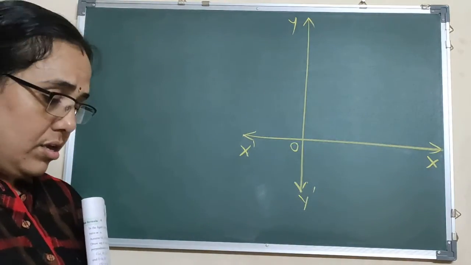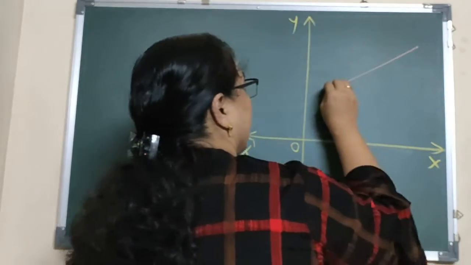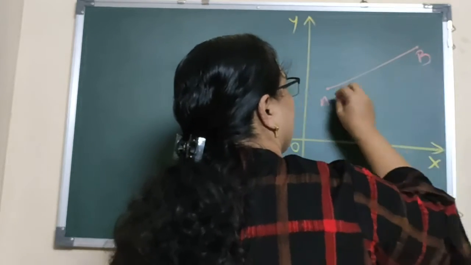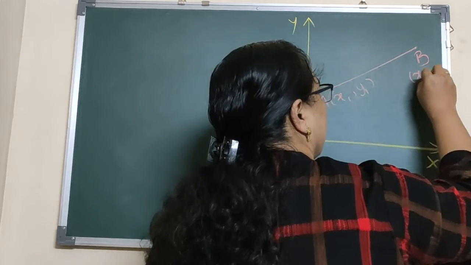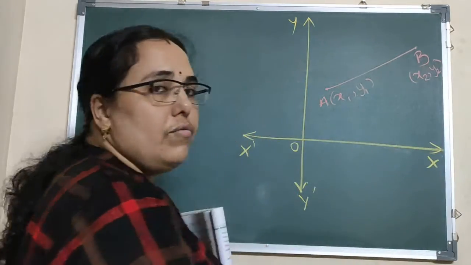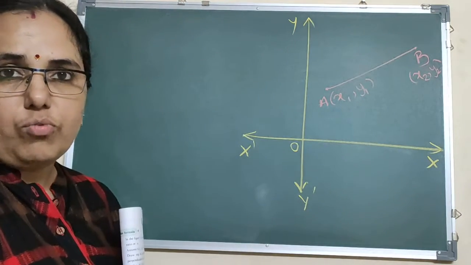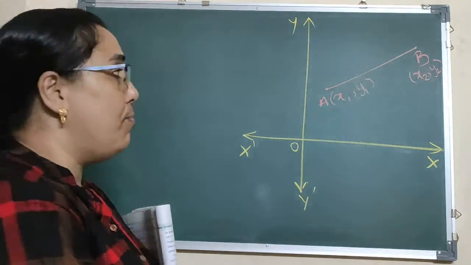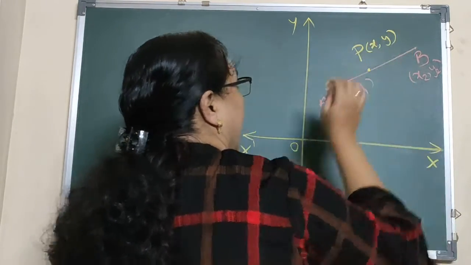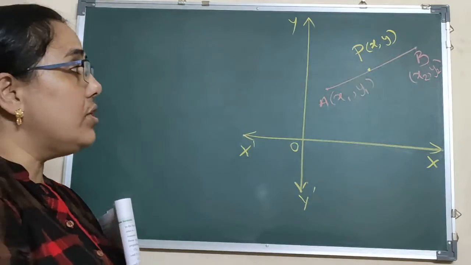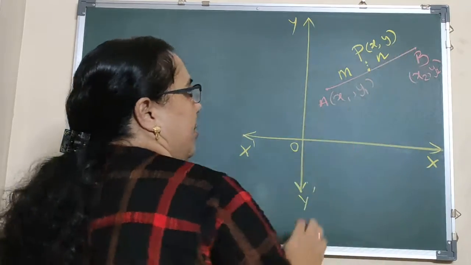There is a segment AB in the XY plane, with coordinates x1, y1 as A, and with B having the coordinates x2, y2. So we assume a point P which is having x, y as coordinates, which divides the segment in the ratio m is to n.